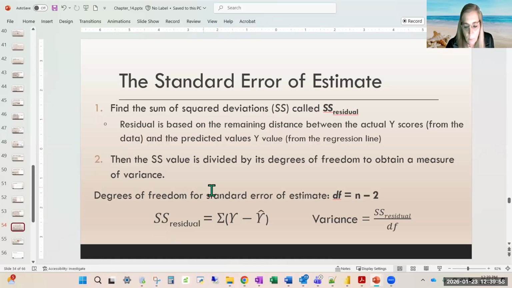Residual is based on the remaining distance between the actual y-scores from the data and the predicted values y hat from the regression line. Then the sum of squares value is divided by its degrees of freedom to obtain a measure of variance. Degrees of freedom for a standard error of estimate is n minus 2. So in the denominator, it would have 2.